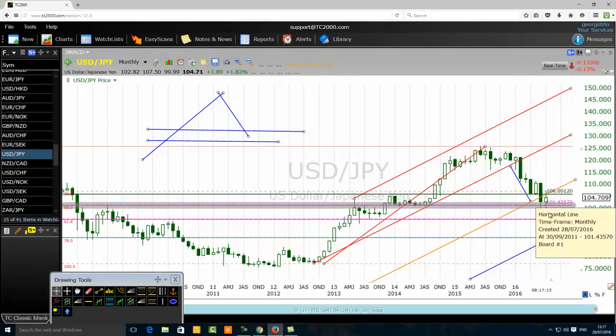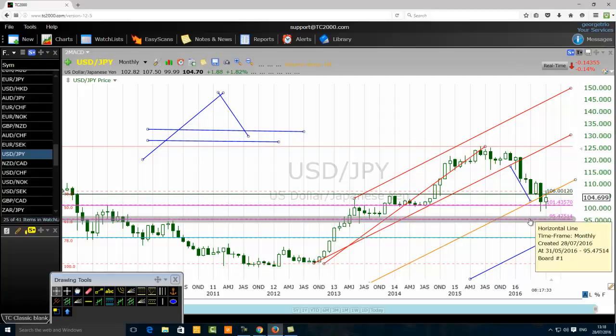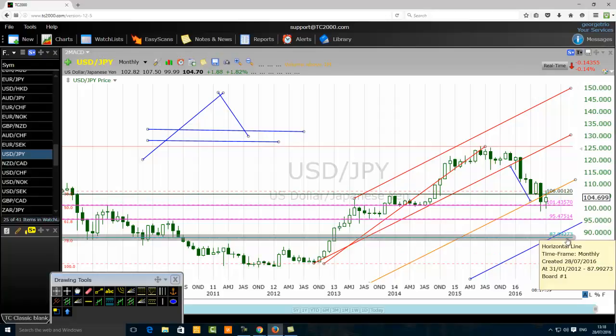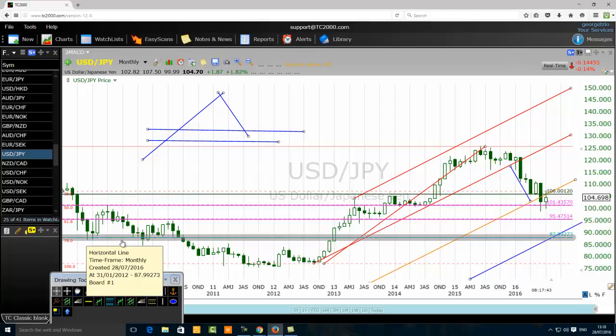So we would prefer that traders and investors who want to buy and hold the dollar yen buy it near the 78% Fibonacci retracement level instead of the sweet spot zone. It will be better to look for an opportunity to buy the dollar yen at the best price, 87.99, which corresponds to the 78% Fibonacci retracement level.